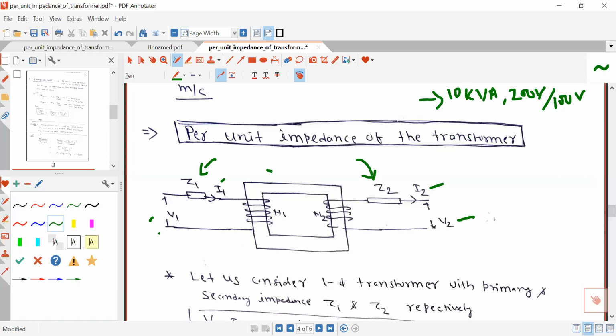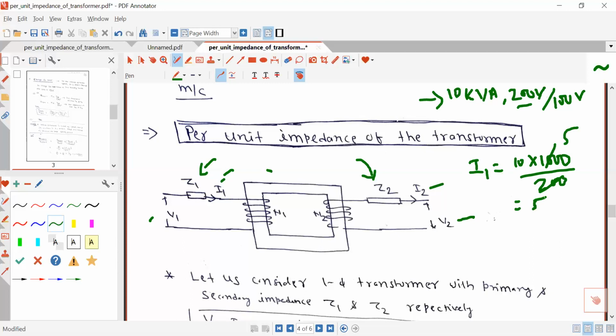And here the current is calculated from the rating. I1 will be the total power, which is 10 kVA. If you convert it into volt ampere, this is 10 into 1000. And the primary rated voltage is 200 volt, so this will be 50 ampere.